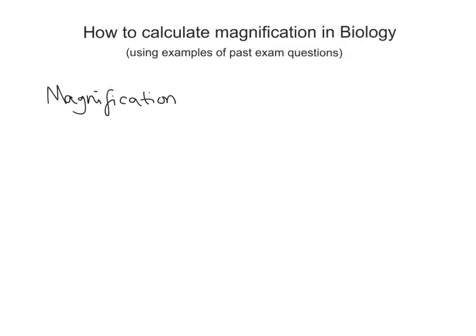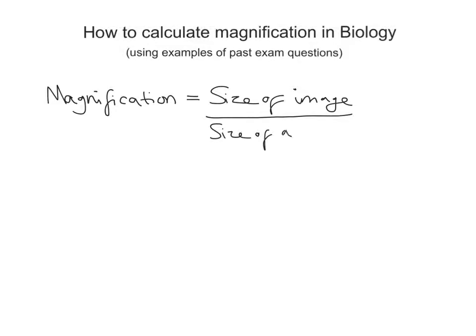So magnification is calculated as size of image, that's the size of the picture or the diagram that you see, divided by the size of the actual thing you're looking at. So image over actual, the actual size of the thing that you're trying to find out.